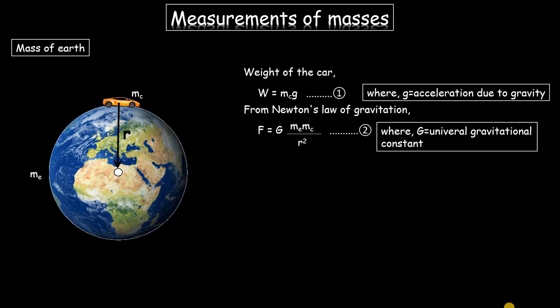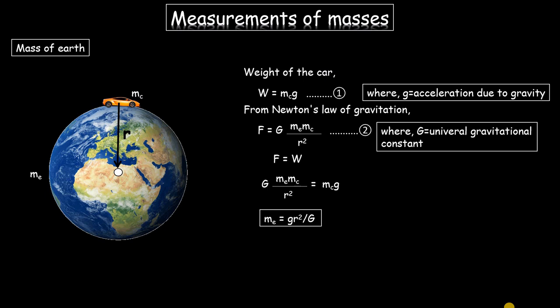Since both formulae give the force needed by the earth to pull the car down, we can equate both equations. By equating both equations, that is F is equal to W, cancelling the similar terms and rearranging the equation, we get me is equal to g r square divided by capital G. This is the formula used to calculate the mass of earth.